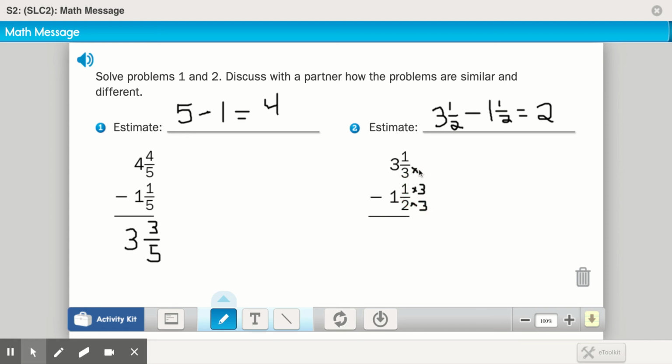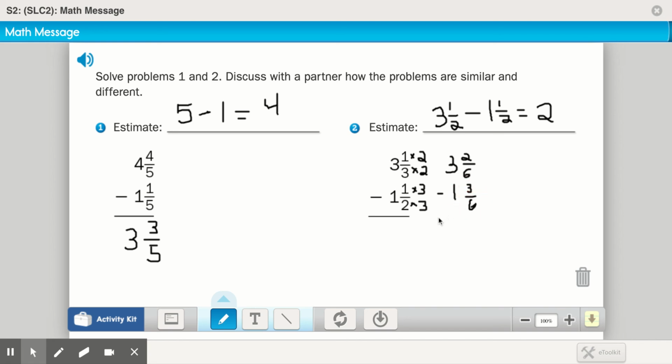And then here by 2, and then my numerator by 2. So yes, I would like you to rework out the problem, showing your work. Let's go ahead and show our work. So 3 and 2/6, minus 1 and 3/6.